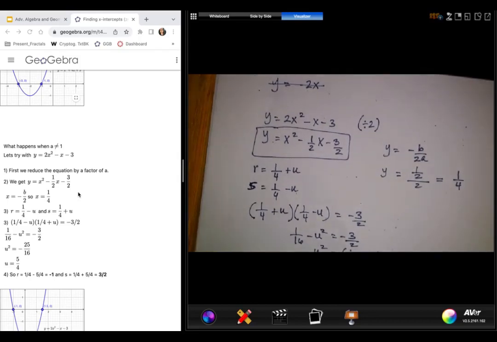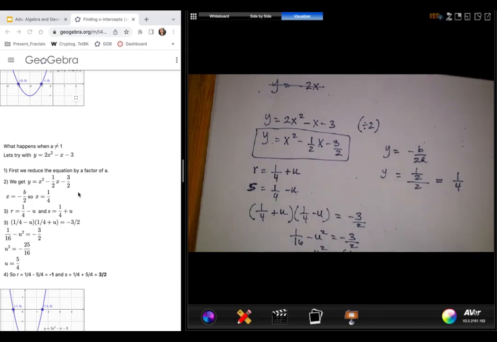So r is equal to 1/4 plus 5/4, which is 3/2, and s is equal to 1/4 minus 5/4, which is negative 1.